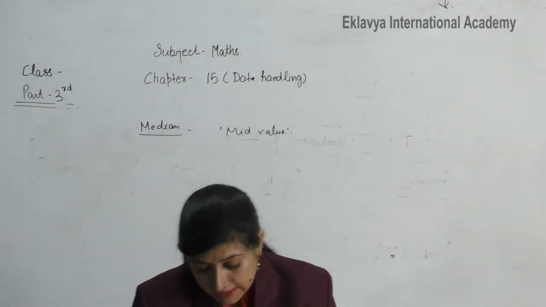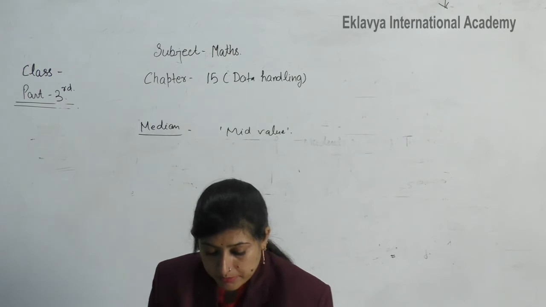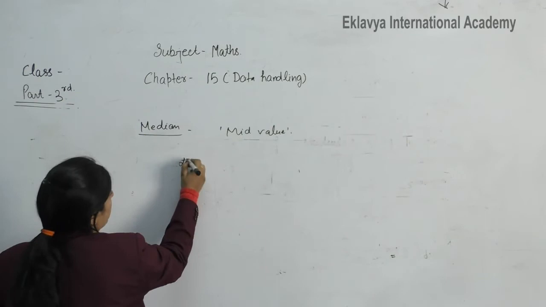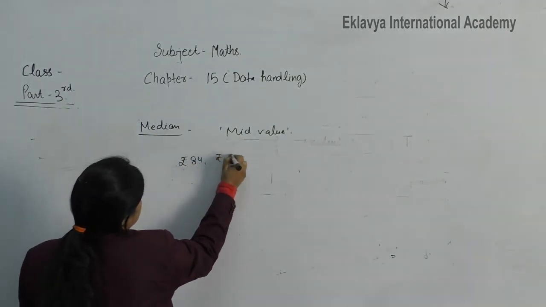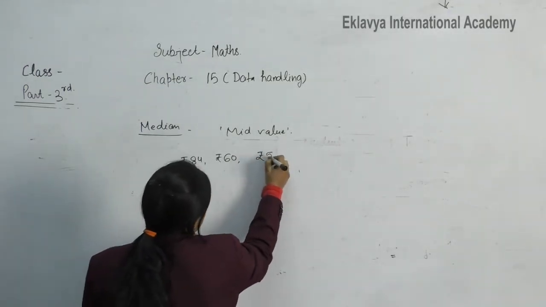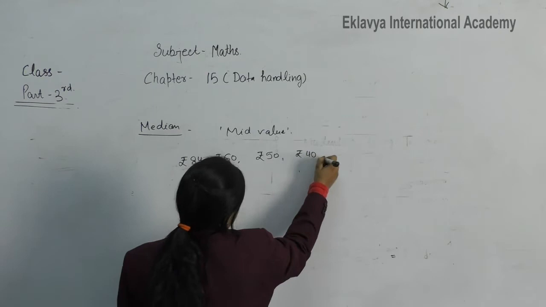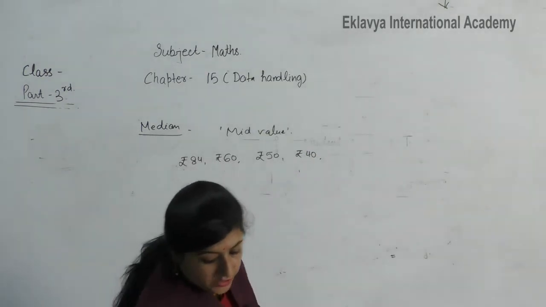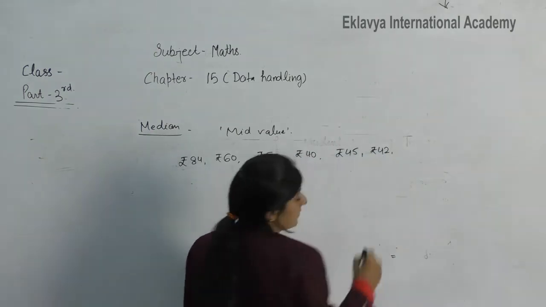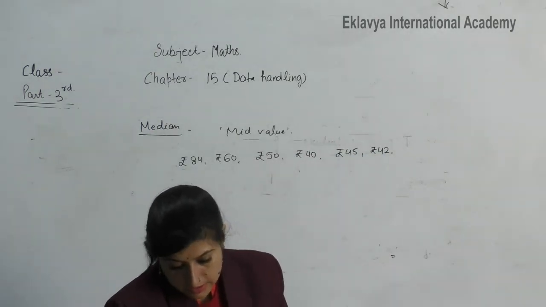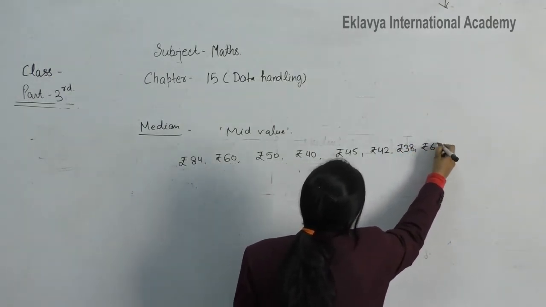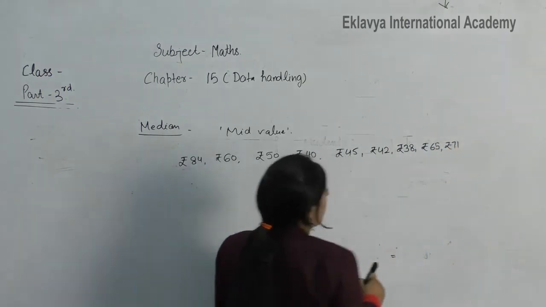What is the median weekly salary of workers in a firm whose salaries are given: ₹84, ₹60, ₹50, ₹40, ₹45, ₹42, ₹38, ₹65, ₹71.